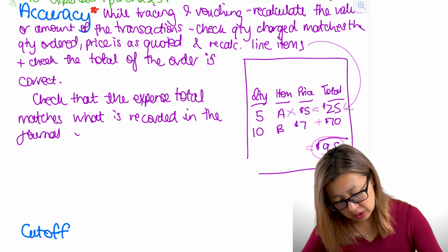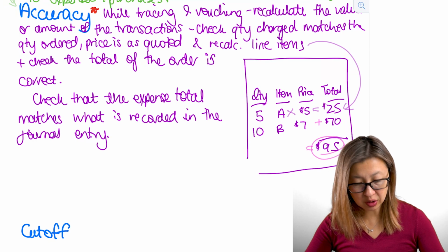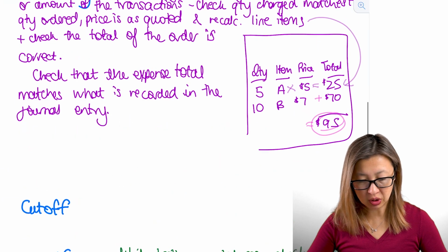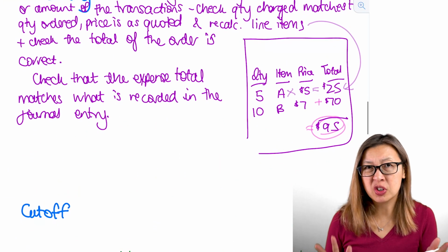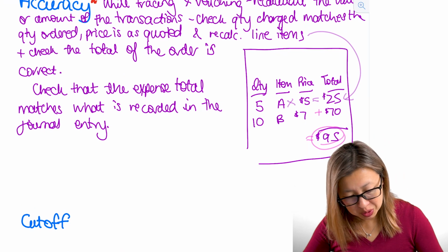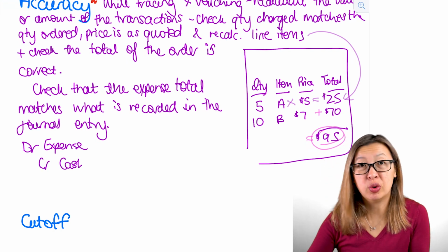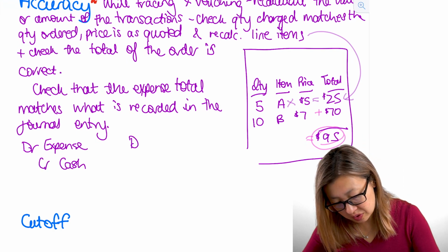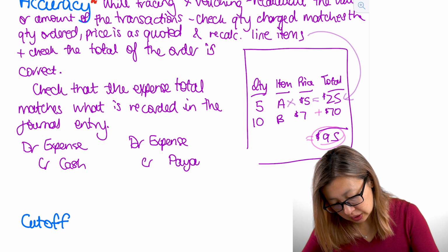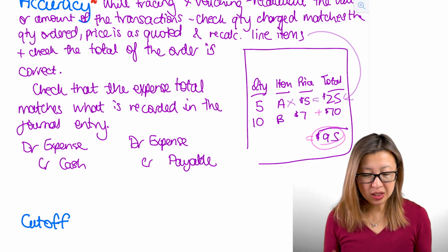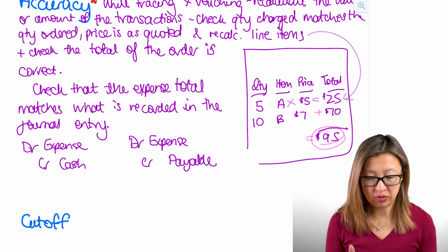Now remember here, we also did our cutoff test, which talked about checking those debits and credits. You could have a couple of different journal entry options here. Option 1 is going to be debit expense credit cash, if that was paid for straight away, or you could have debit expense credit some sort of payable. Okay, but what we're looking at this point is just that initial recognition of the expense.